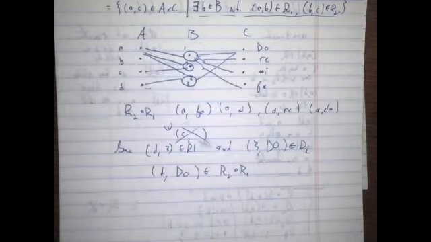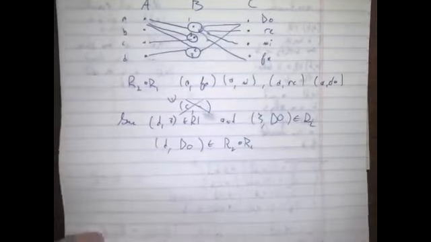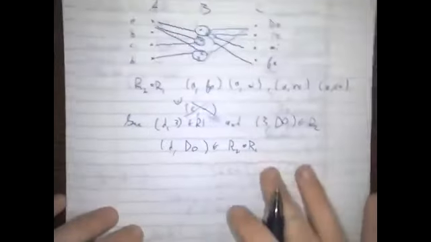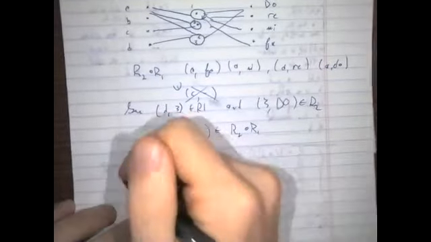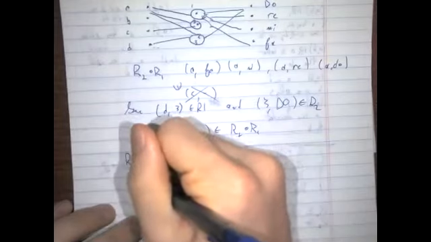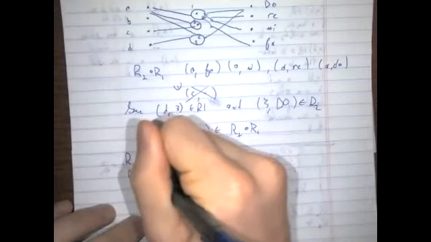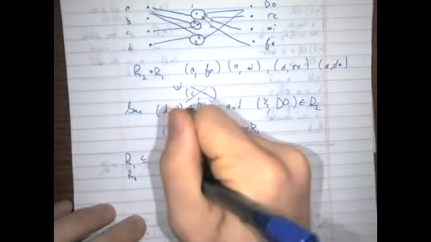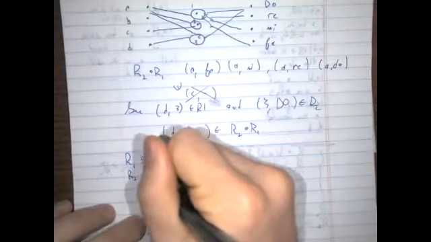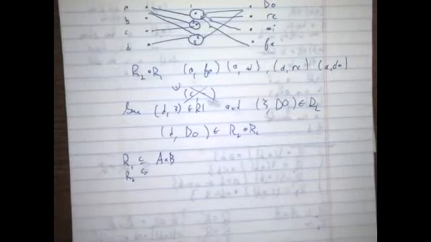Okay, so this kind of brings us back to our earlier point. If we have R1 and R2 both as relations on A cross B, can we compose R1 and R2?